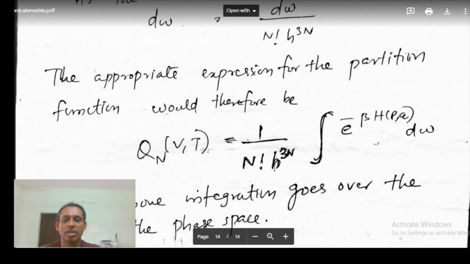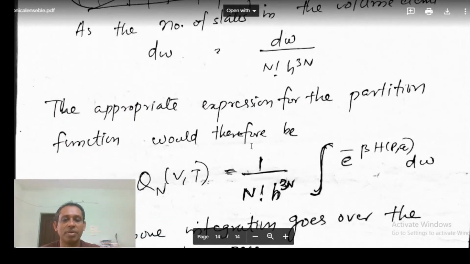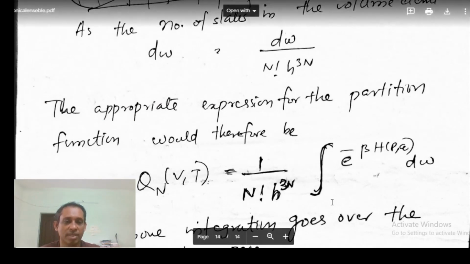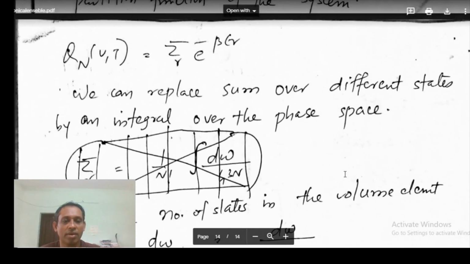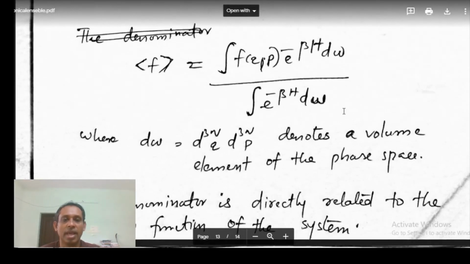So the expression for the partition function will be given by 1 by N factorial h raised to 3N integral e to the power minus beta H of qp d omega.